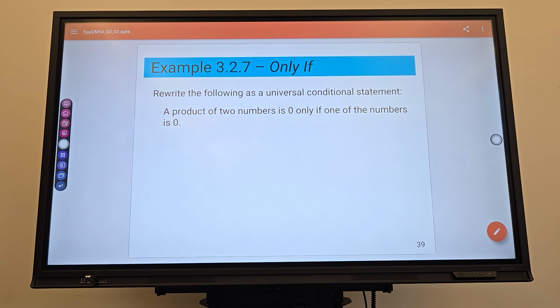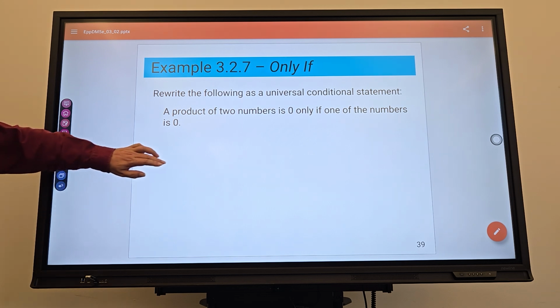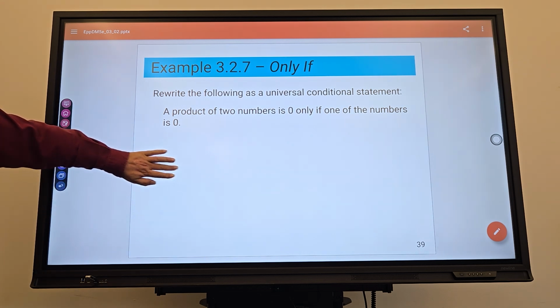Universal conditional statement: a product of two numbers is 0 only if one of the numbers is 0. If one of the numbers is not 0, then the product of those two numbers is not 0. Kind of a contrapositive kind of a thing going on there.